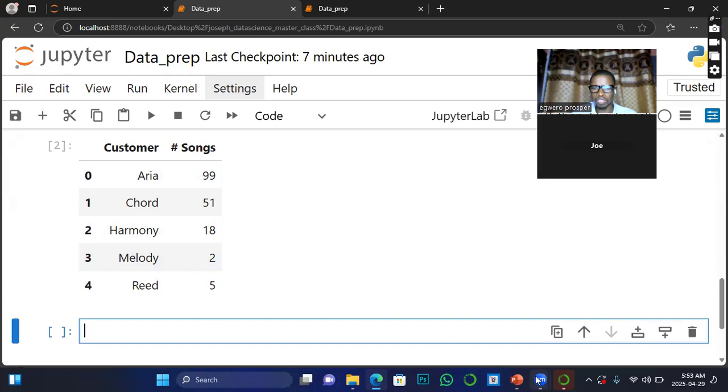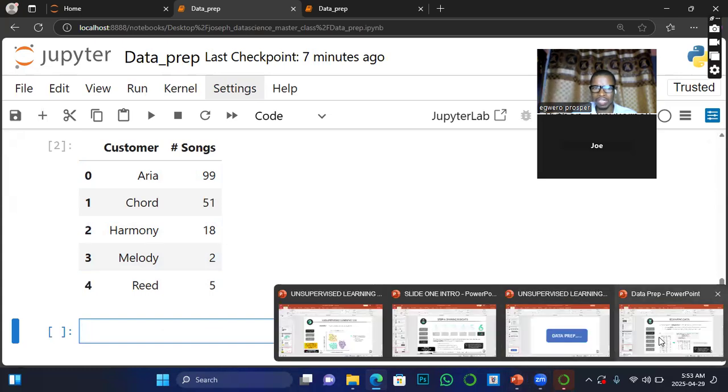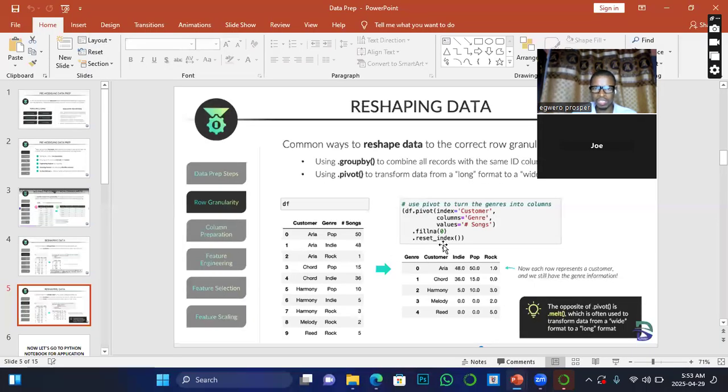Now, if you go back to the slide again, you will see that there is something we need to also notice under reshaping. So this is using the second method. I said there are two ways we use in reshaping our data. Either we use the .groupby or we use the pivot.